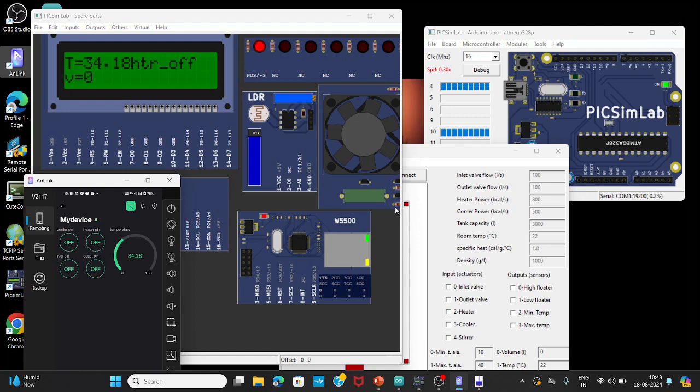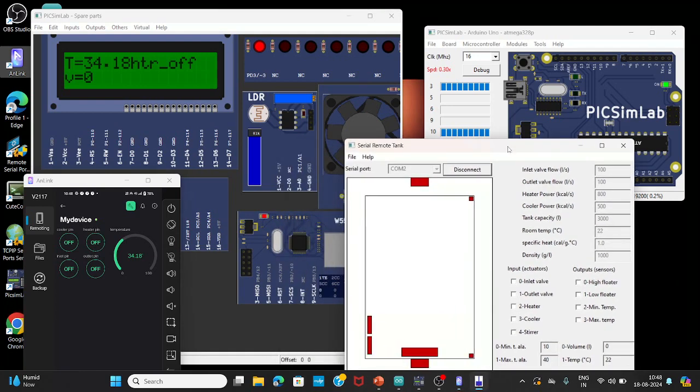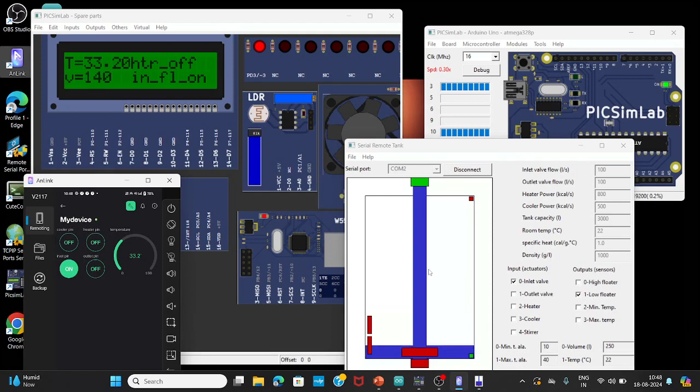And our next requirement is the serial tank. Both the inlet and outlet valves are controlled through the inlet pin and outlet pin. When I turn on the inlet pin, the water will start filling in the tank.